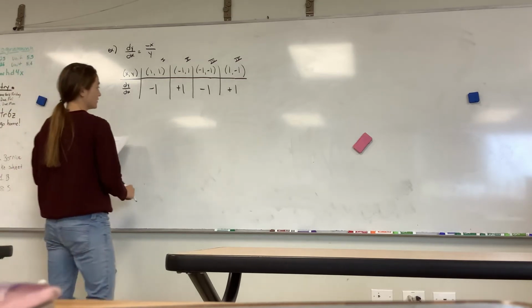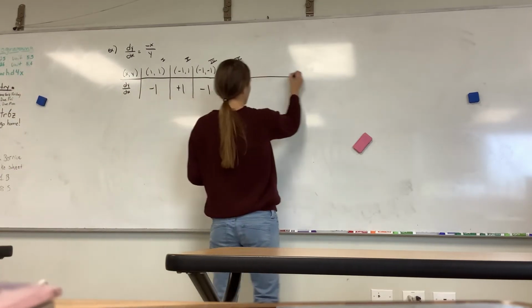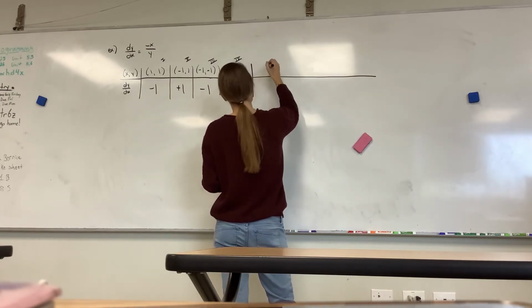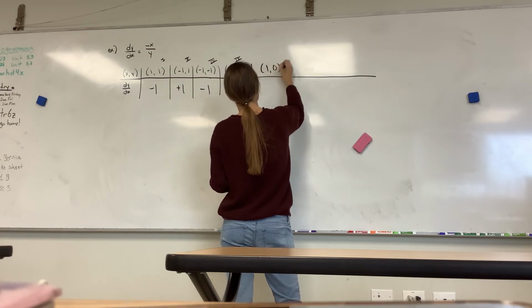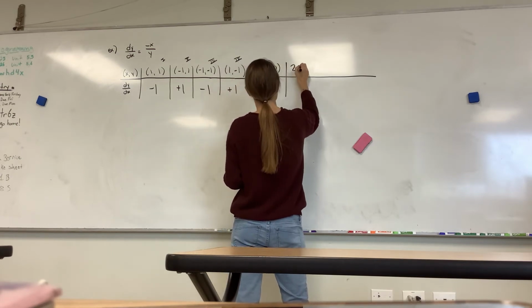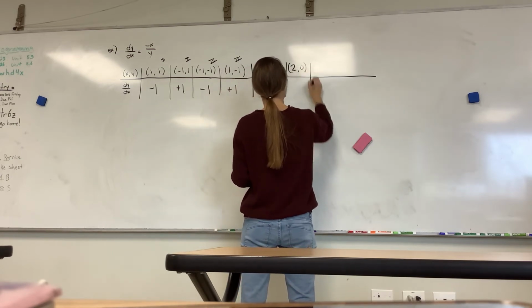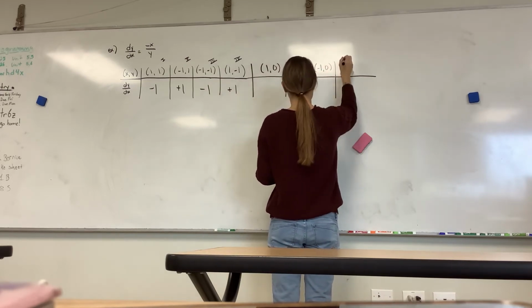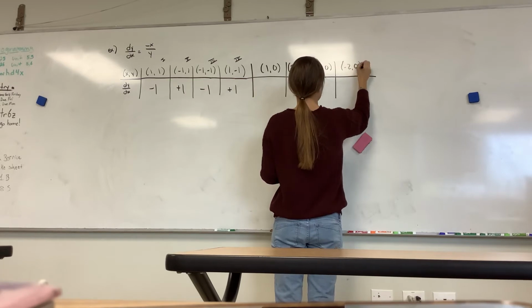Now, I ask you to do this again for a new set of points. This is a little bit lower on your paper, but I'm just going to extend it out. 1, 0, 2, 0, negative 1, 0, negative 2, 0.